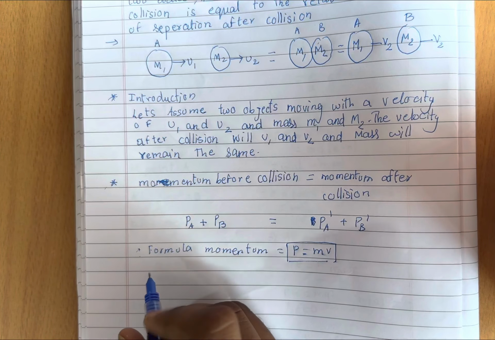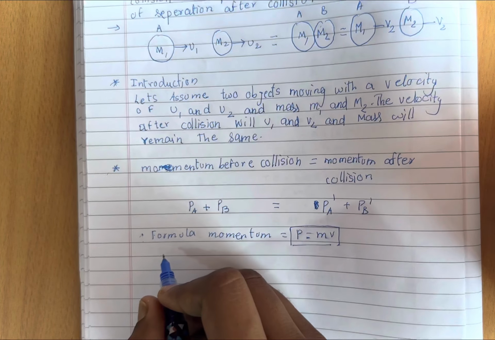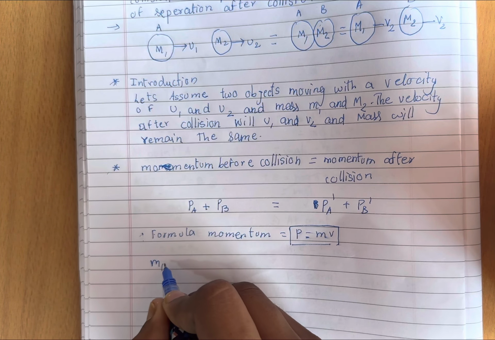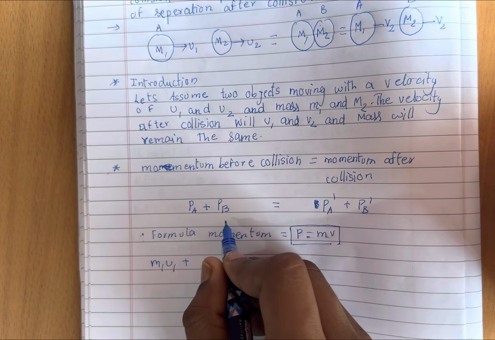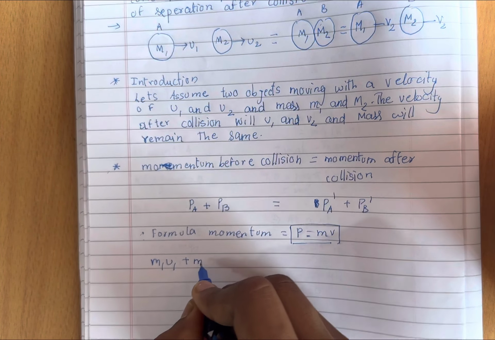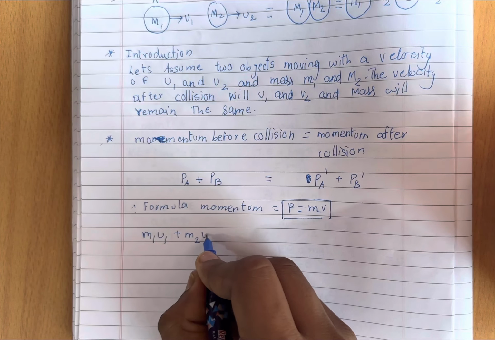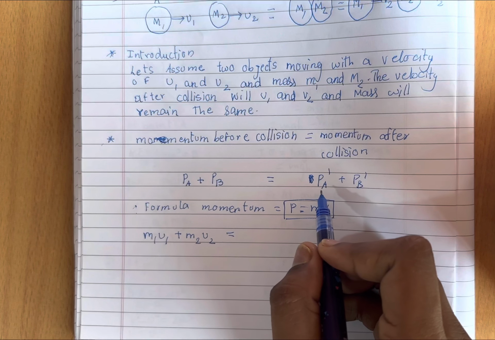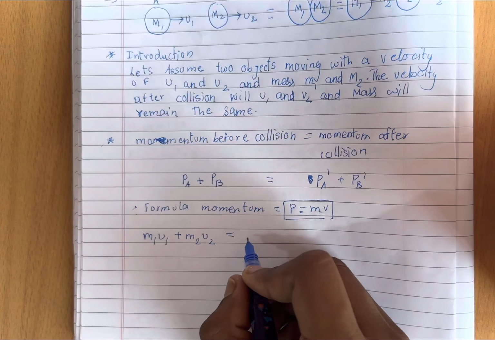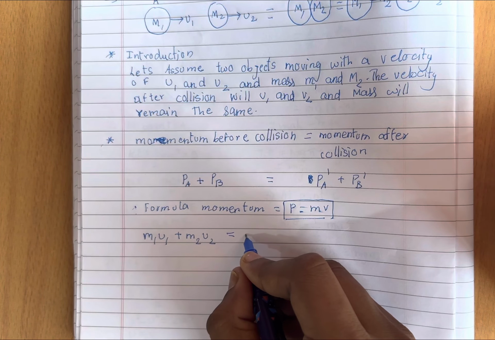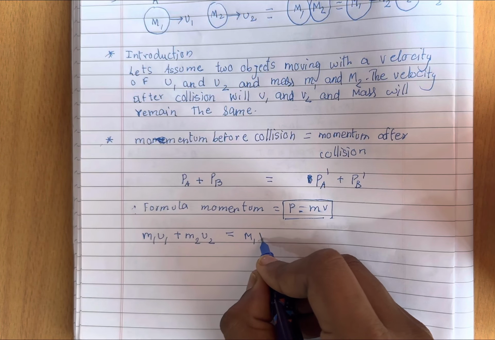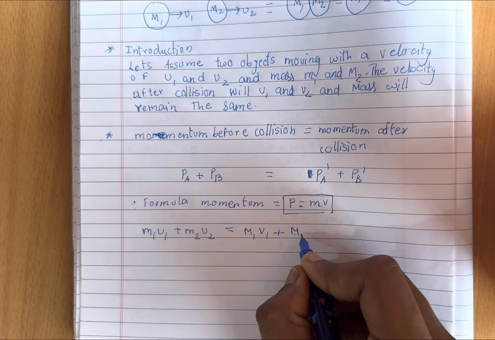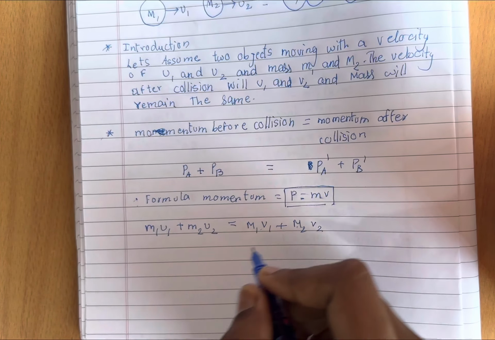So it will become, of A object, m1 u1, plus of B object m2 u2, equal to, after collision, of A dash object m1 v1, plus of B object m2 v2.